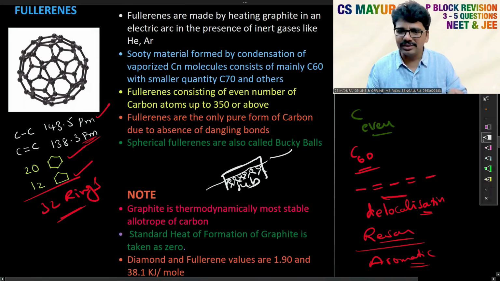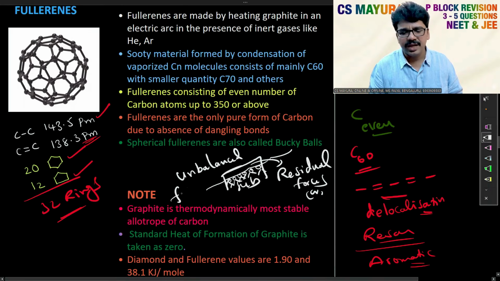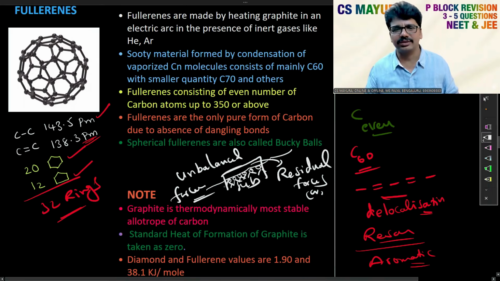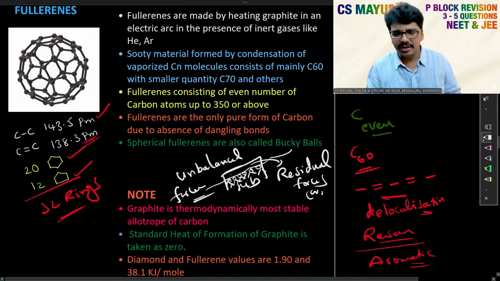So all the molecules at the surface are experiencing residual or unbalanced forces. That means their valence is not satisfied, so they are ready to form a new bond. Because of these unbalanced forces, all the molecules at the top of the surface attract the molecules available in the atmosphere. They form temporary bonds.